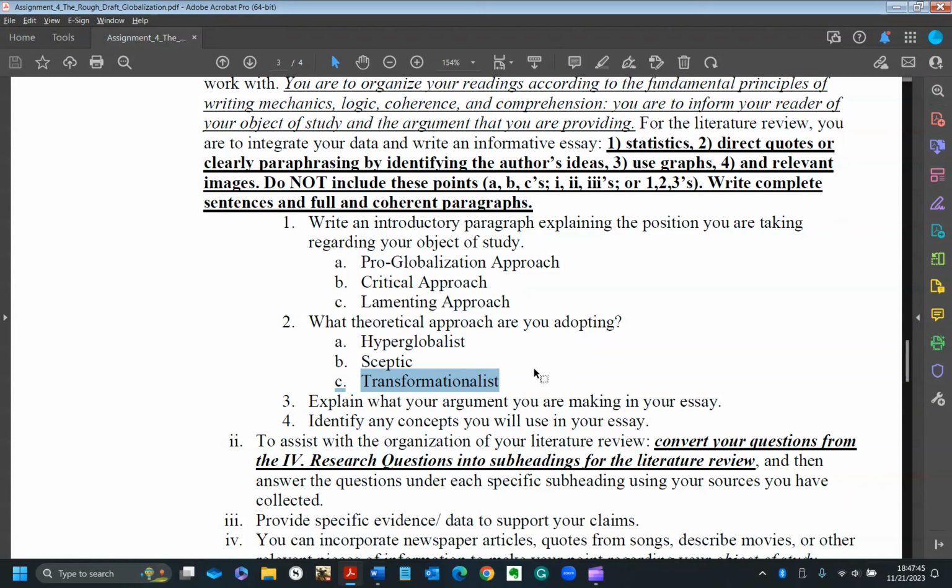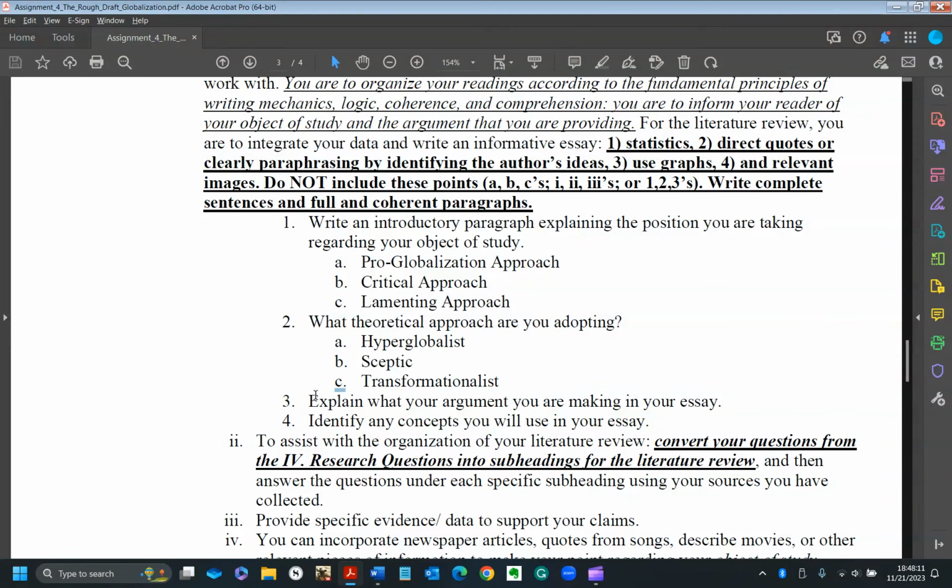So this would comprise a new understanding, new structure, and new processes. Okay. So you'll notice also the nuanced differences between a hyperglobalist and a transformationalist. So that's also the important thing to understand.